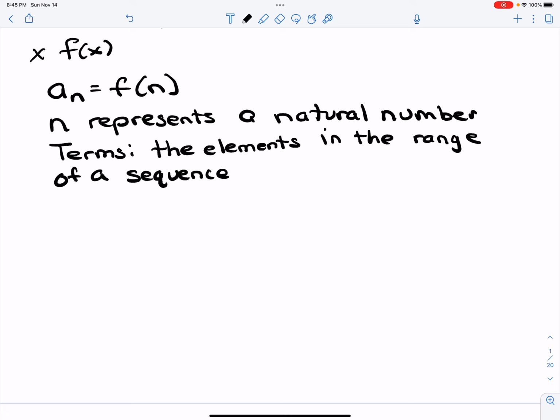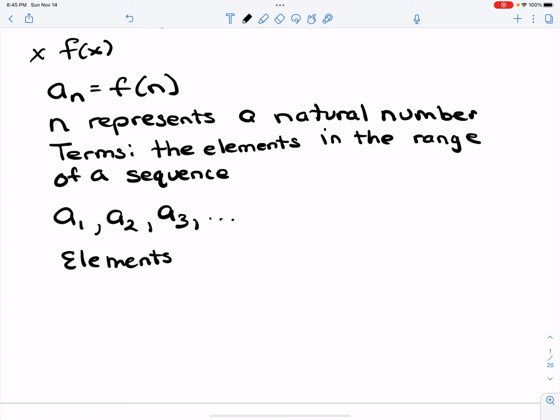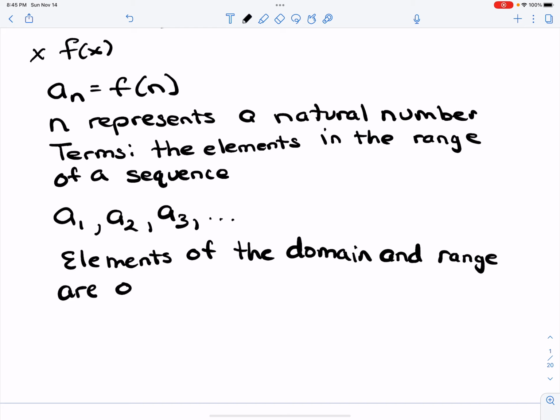And then those are thought of as a sub 1, a sub 2, a sub 3, etc. The elements of both the domain and range of the sequence are ordered. So that's an important point to keep in mind.